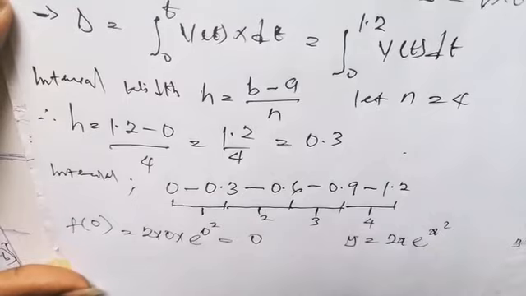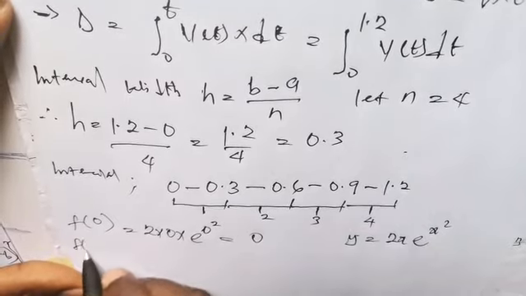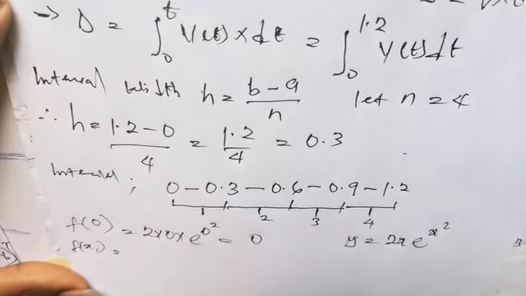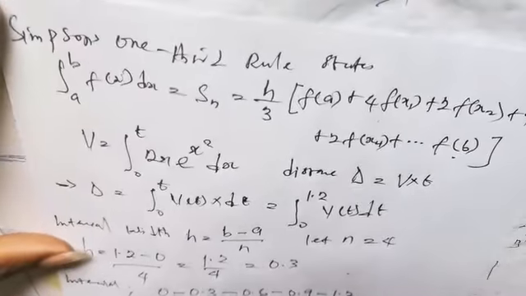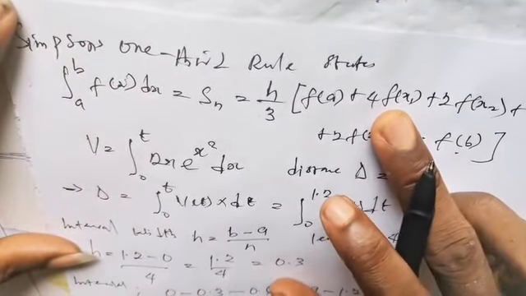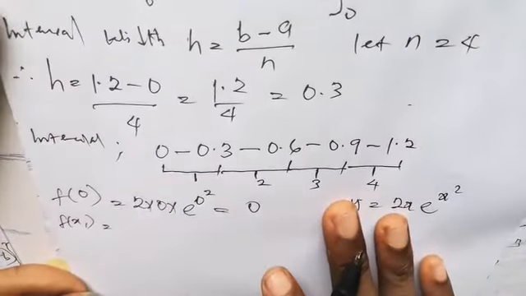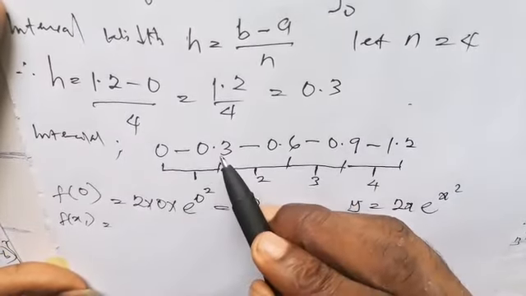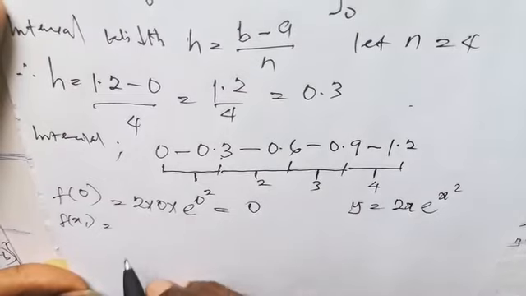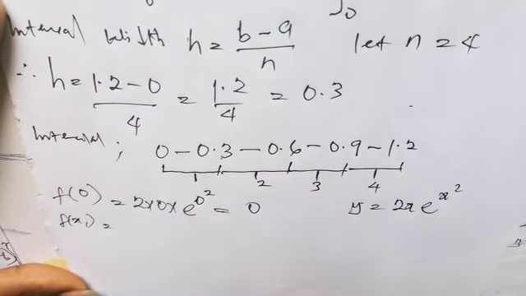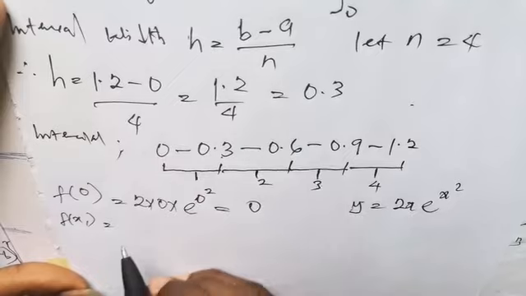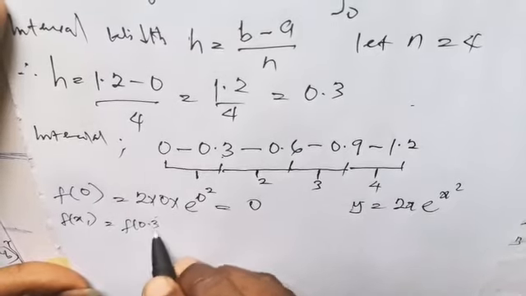Next is to find f of x1 from the formula I stated. Here x1 is 0.3, so whenever you see x, put in 0.3. This is saying f of 0.3.